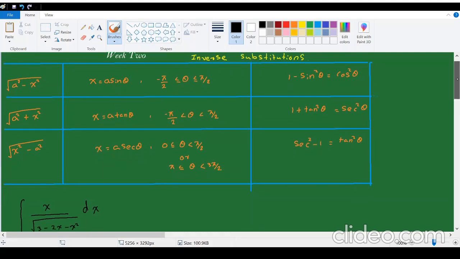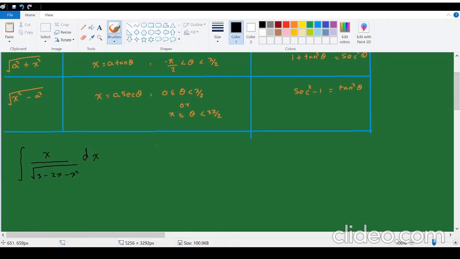So we can either go for a totally different technique, or else we can try to do some sort of alteration for these terms and see whether we can come up with a similar term from one of these categories in the inverse substitution table.